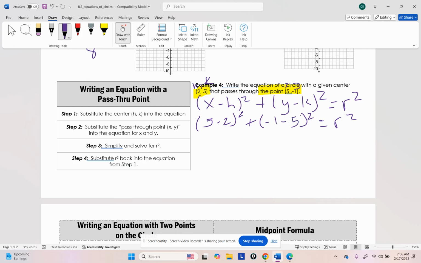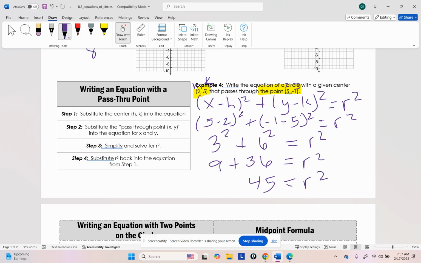5 minus 2 is 3. So we're going to do 3 squared plus negative 1 minus 5 is 6. And 6 squared equals r squared. Okay, so 9. So this is going to be 9 plus 36 because 3 squared is 9 and 6 squared is 36 equals r squared. So 45 is equal to r squared.